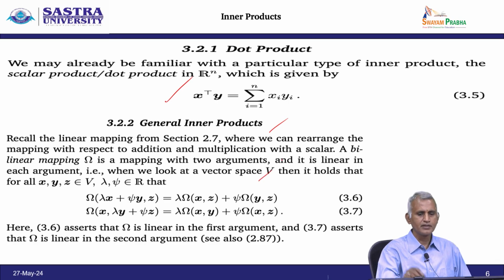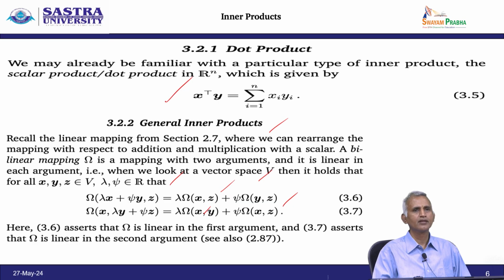So, we have a vector space V, then it holds that for x, y, z in V and lambda, psi in R, omega of (lambda x plus psi y, z) equals lambda omega(x, z) plus psi omega(y, z), and omega of (x, lambda y plus psi z) equals lambda omega(x, y) plus psi omega(x, z). So, here 3.6 asserts that omega is linear in the first argument, and the second says that omega is linear in the second argument.